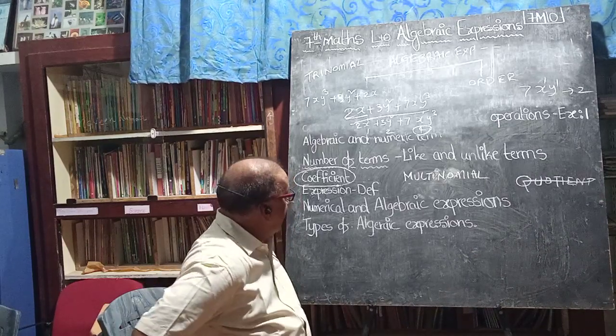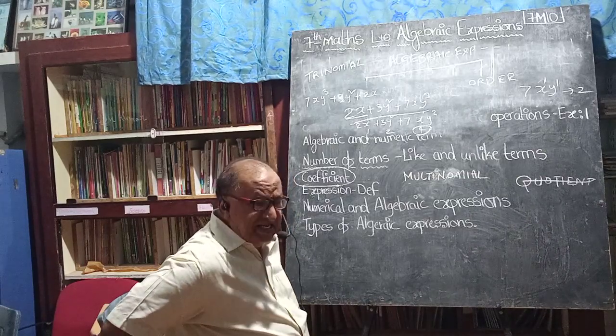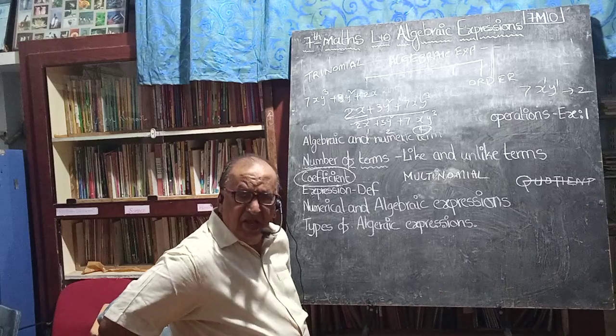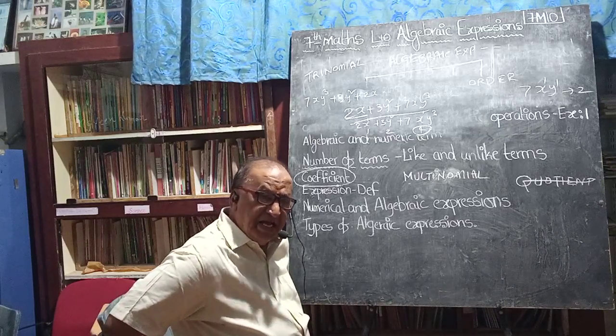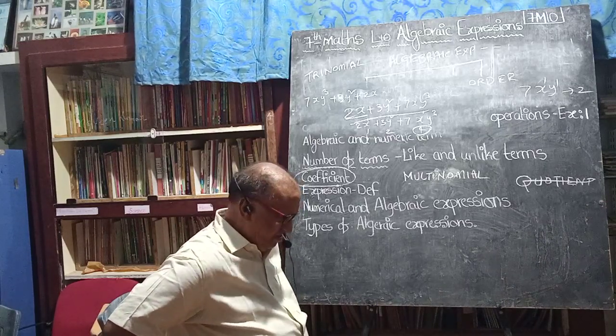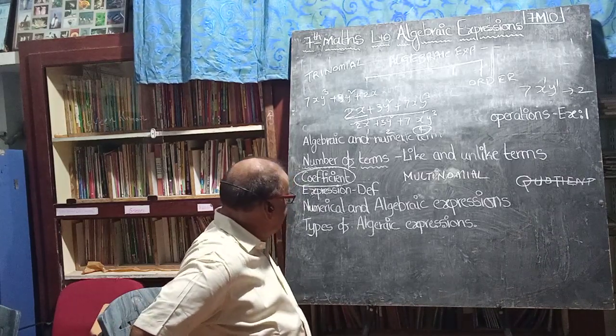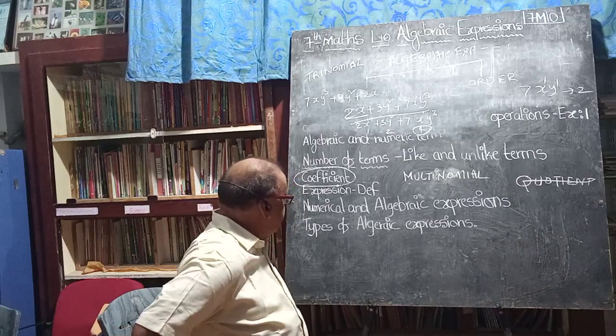Then I told you what is an algebraic term, what is a numeric term, what is an algebraic expression, a numerical expression. Now also I told you what is a like term, what is an unlike term, and gave the expression definition.